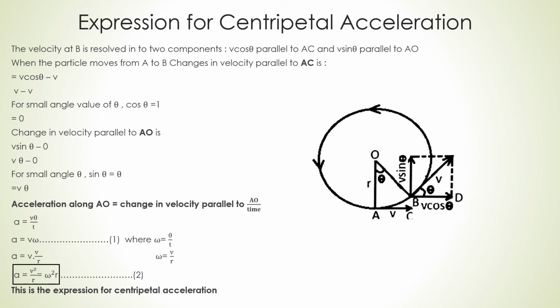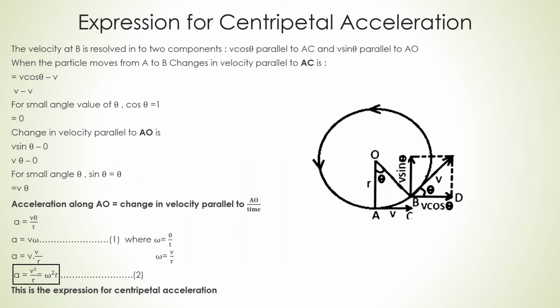As you know, the angular velocity omega is equal to theta by t. So the equation becomes a is equal to v omega. Let's consider this equation 1.